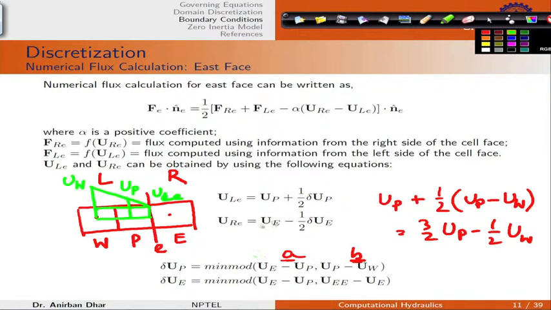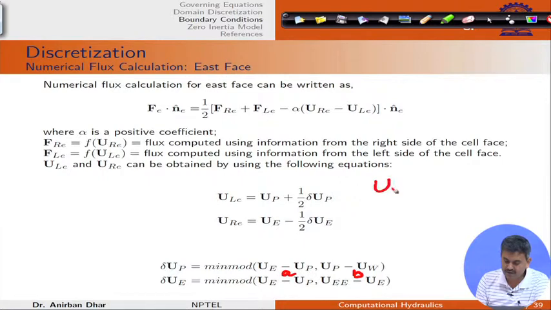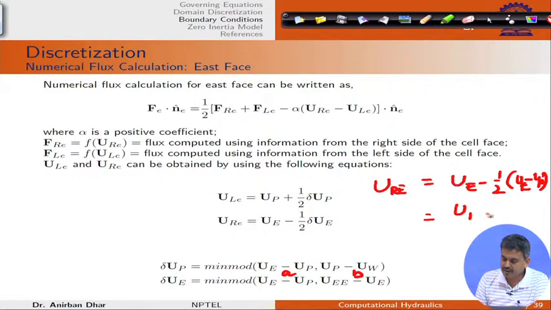Similarly, if I see the thing for the right side, if it is the first quantity, this is a, this is b, and the first one is u_E minus half of u_E minus u_P. So, obviously, in this case it will be u_E plus u_P divided by 2.